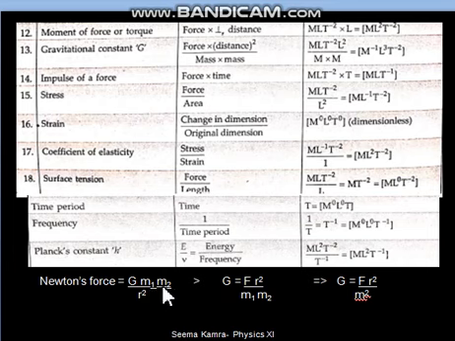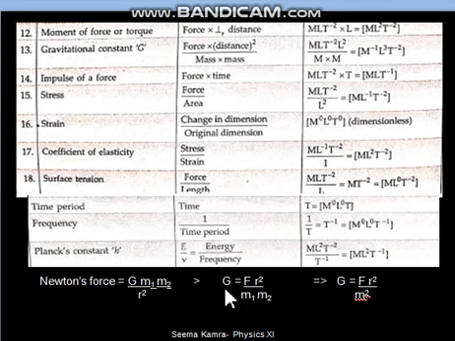Newton's force formula is capital G m1 m2 upon r square. Now we require the formula of gravitational constant G. So we will rearrange this formula. If we want to make the capital G formula, it will become force into r square upon m1 m2. You can rearrange this formula and see that capital G is obtained.